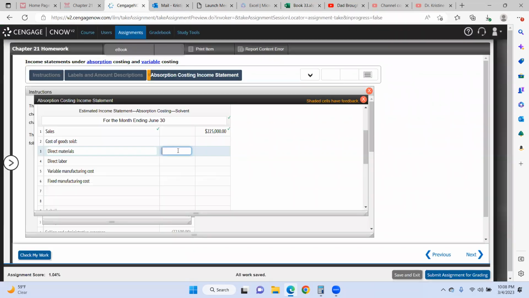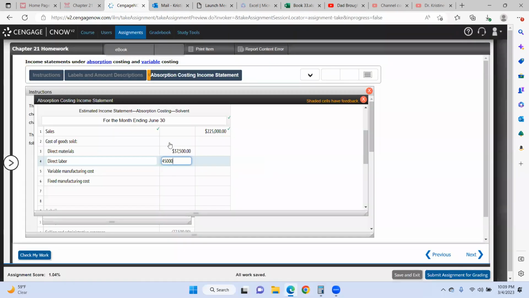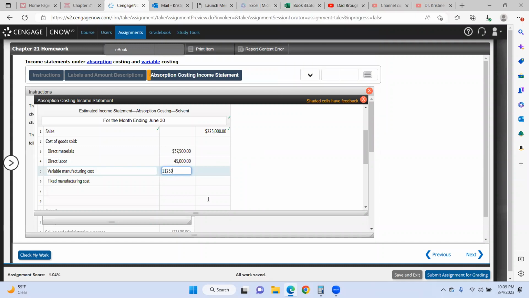Again, this is why I love me some Excel. My direct labor is going to be 45,000. I think the variable overhead was 11,250. We'll look at it in a minute. And this one is 100,000.